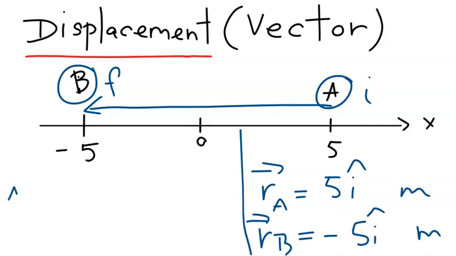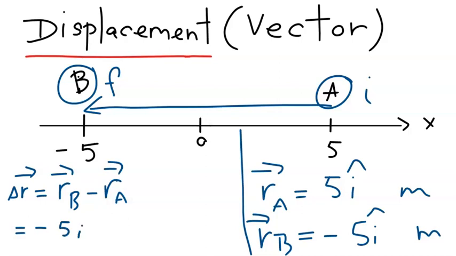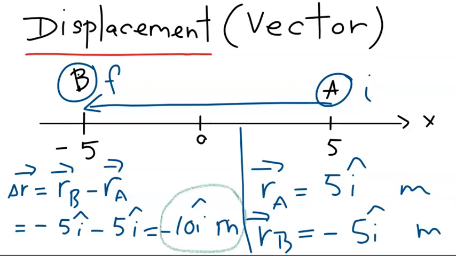So the displacement vector for this motion is given by r_B minus r_A, which is minus 5i hat minus 5i hat, which is minus 10i hat meters. So that is the displacement vector for this motion.